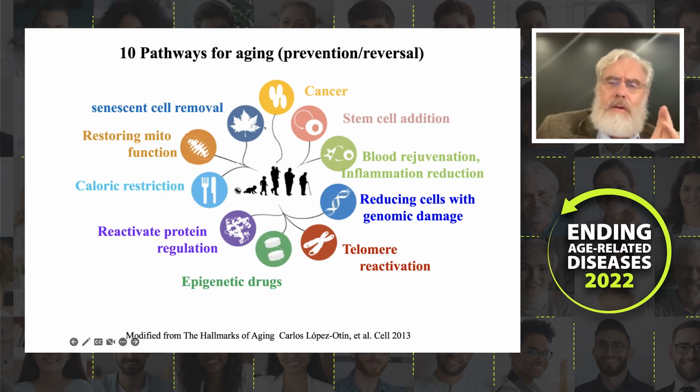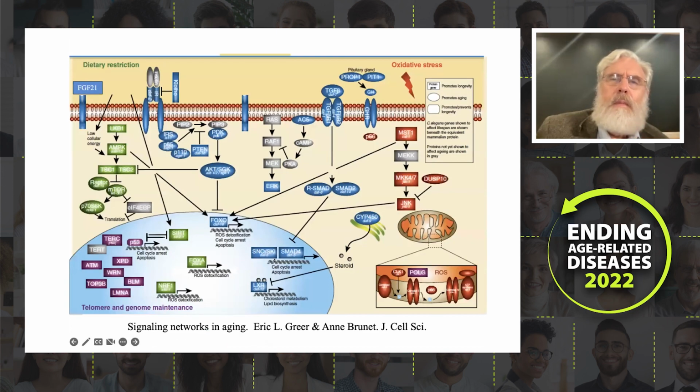So we have to get all of these right, and they interact a lot. So it could be that a small number of epigenetic changes could get all 10 pathways. It could be that you need more than 10 factors in order to get all 10 pathways.